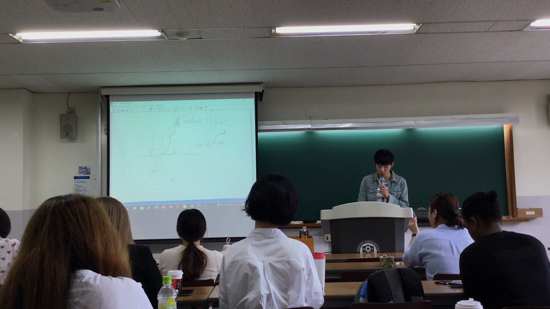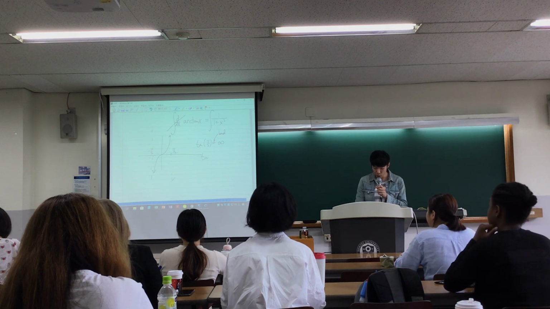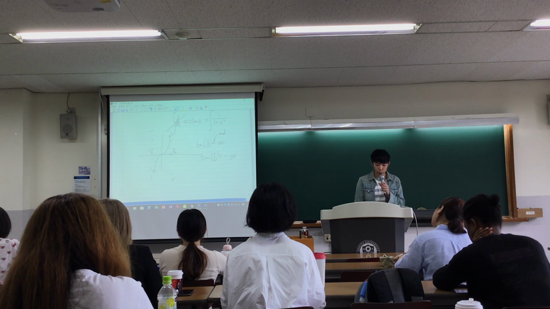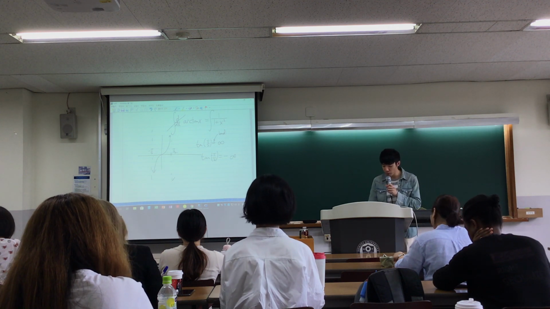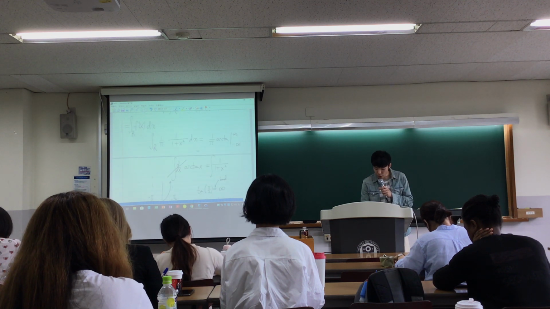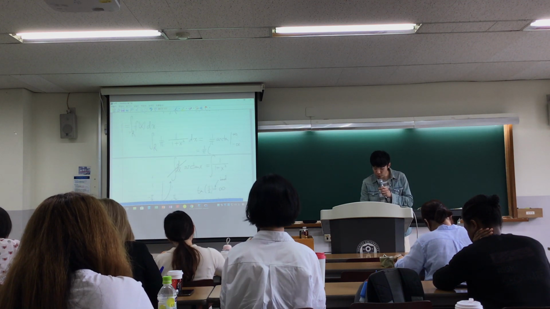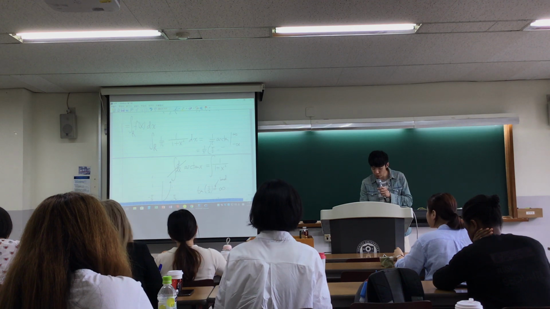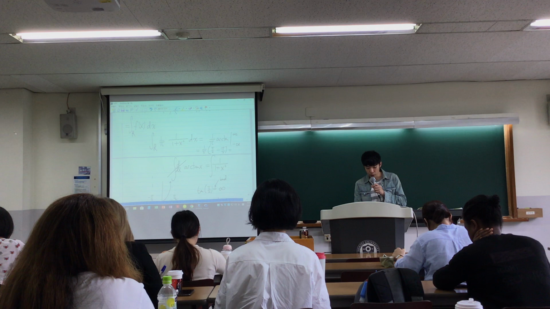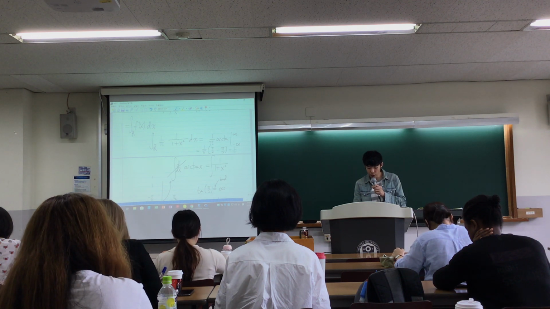You shouldn't write this, but I'm running out of time, so I'm not going to write the limits. And therefore the arctangent at positive and negative infinity is pi over 2 and negative pi over 2. And therefore we have 1 over pi of pi over 2 minus negative pi over 2. And I get 1 over pi times pi, which is 1, as desired.